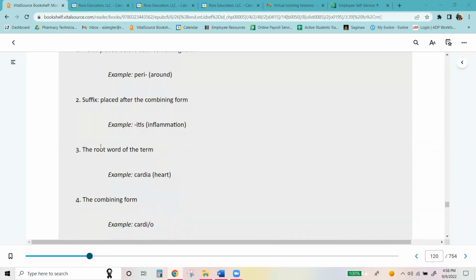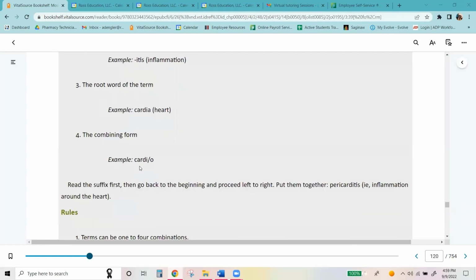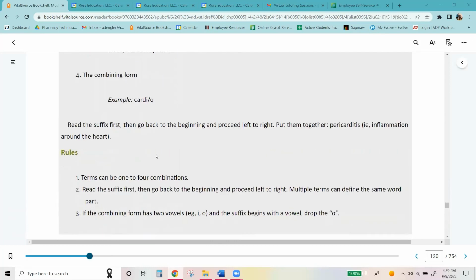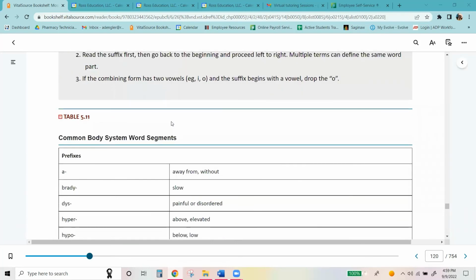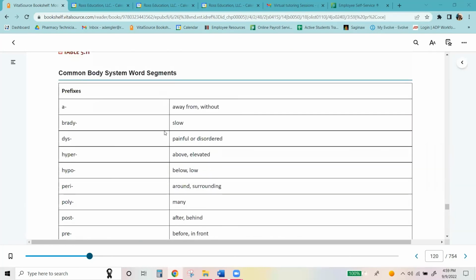For example, the root word of the term is cardia, which means heart, and the combining form is cardi and then O, so depending on what we need to do, we can use the I or the O. Here are some common body system word segments. We have the prefixes here.